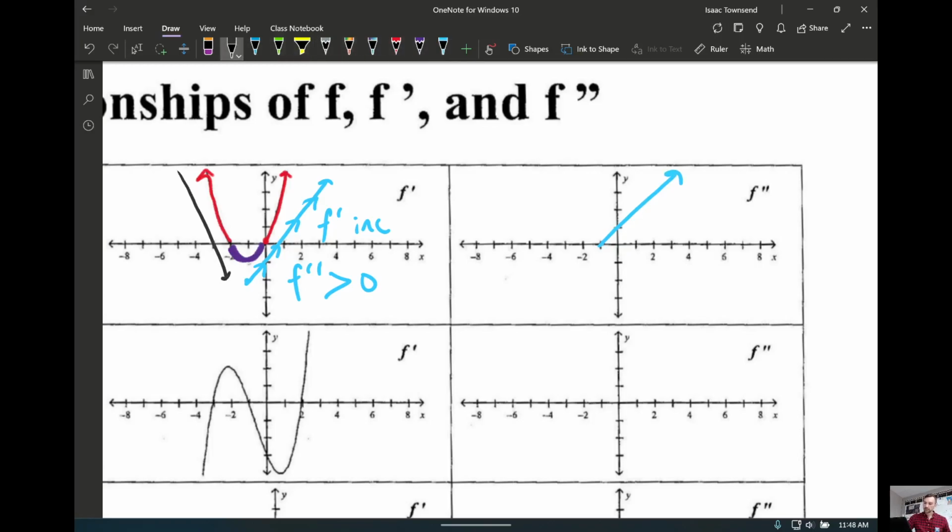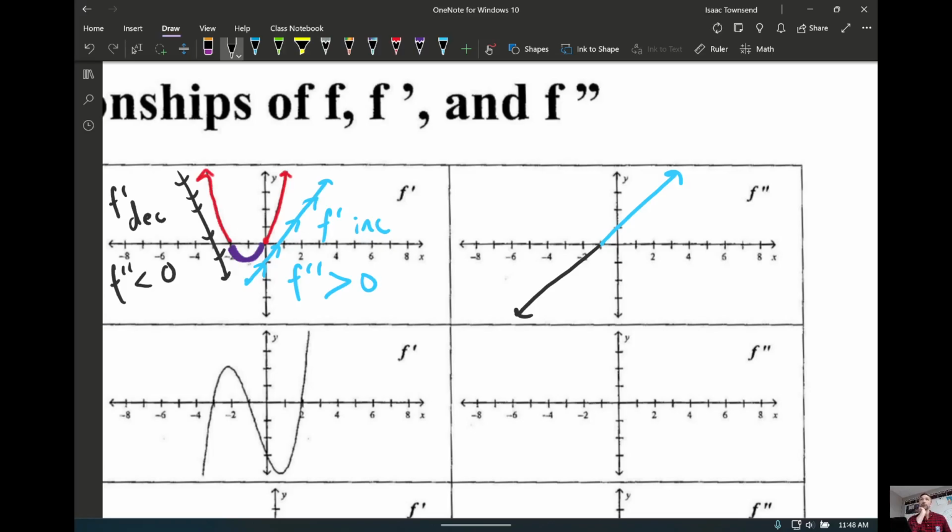And when the first derivative is decreasing, what does that tell us about the second derivative? It's negative, so that would be below the x-axis. So that is a possible representation of the second derivative.